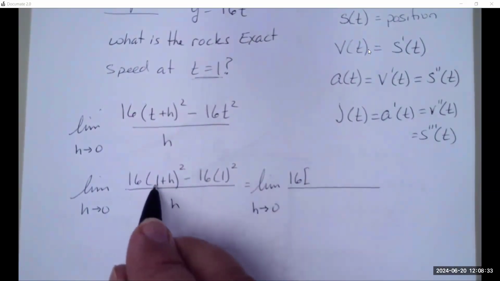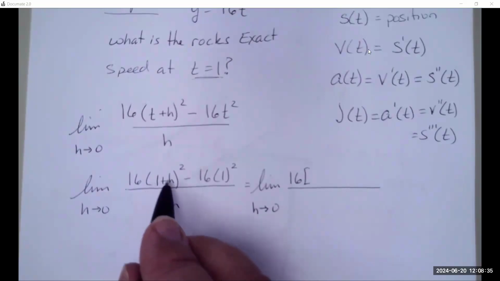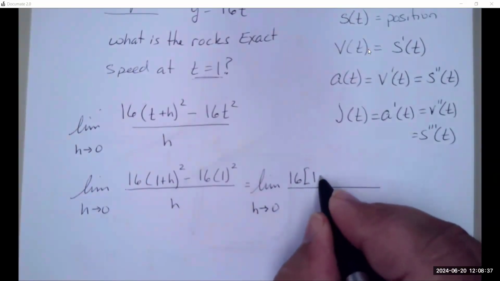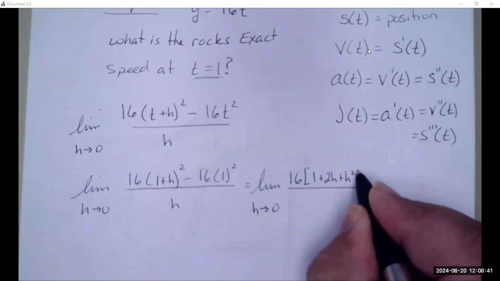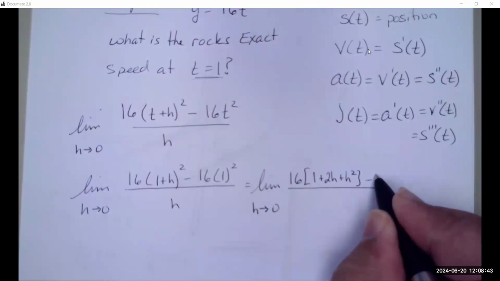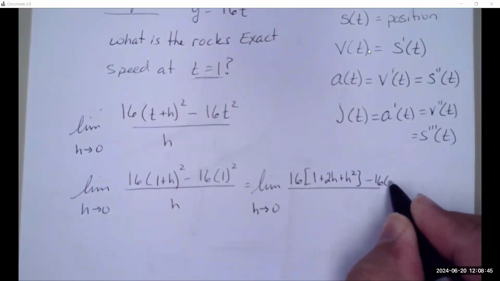We have to FOIL this one. 1 plus h times 1 plus h is 1 plus 2h plus h squared, minus 16 times 1.